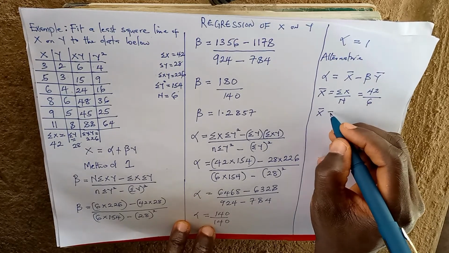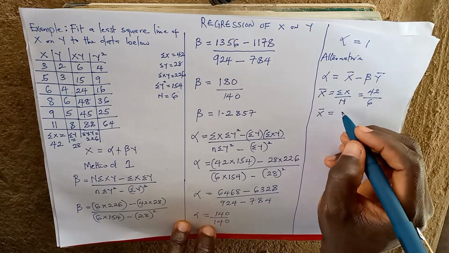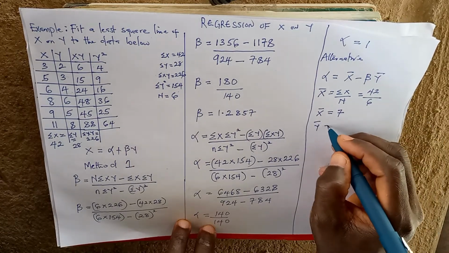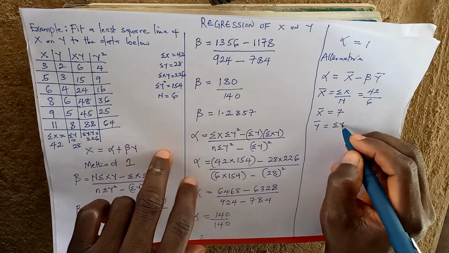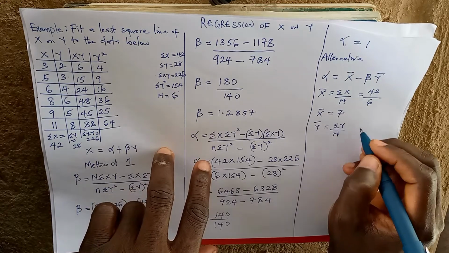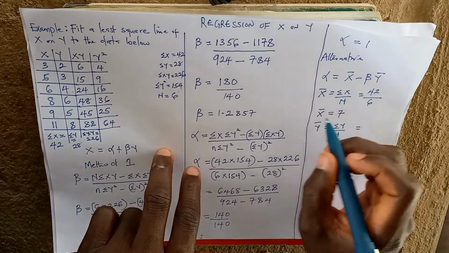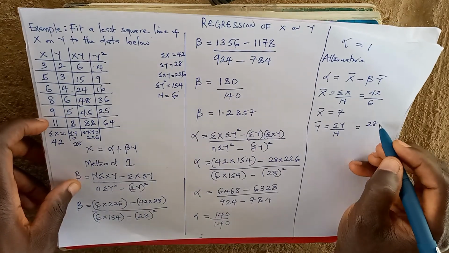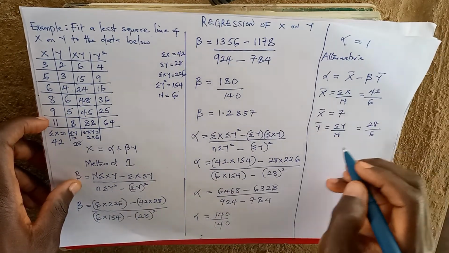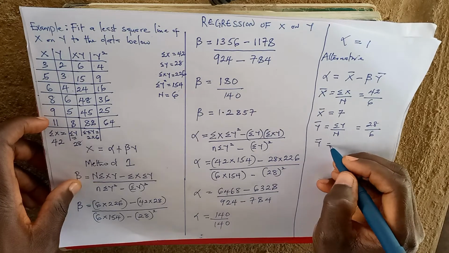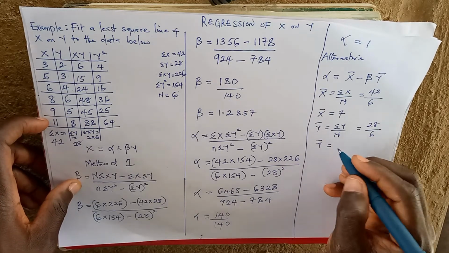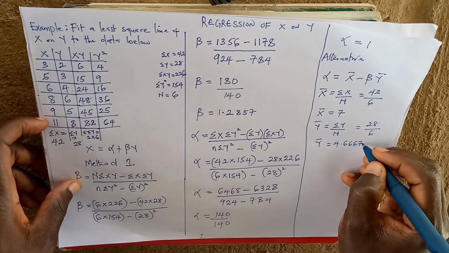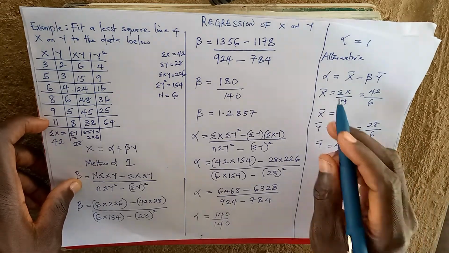Therefore our x bar equals 7. Now y bar is the mean of y, so summation y divided by n, and our summation y from here is 28, so 28 divided by 6. Therefore our y bar equals 4.6667.